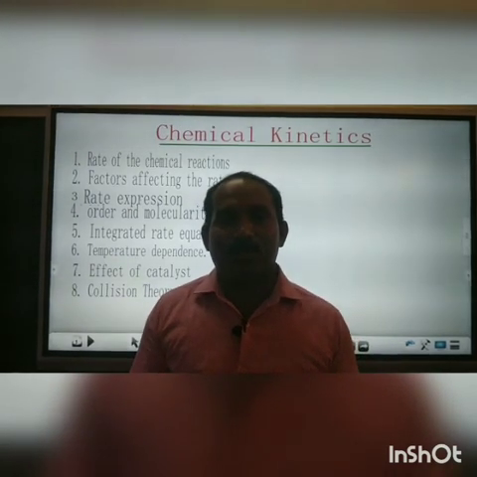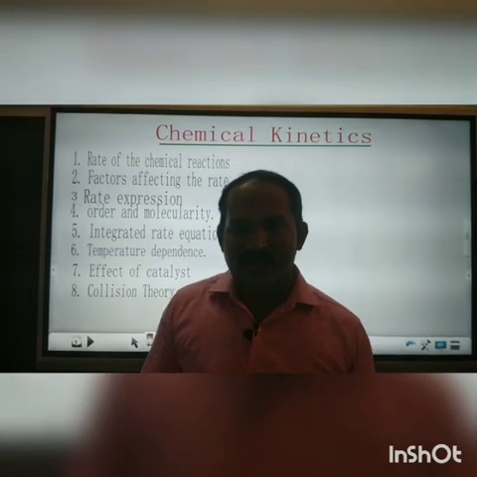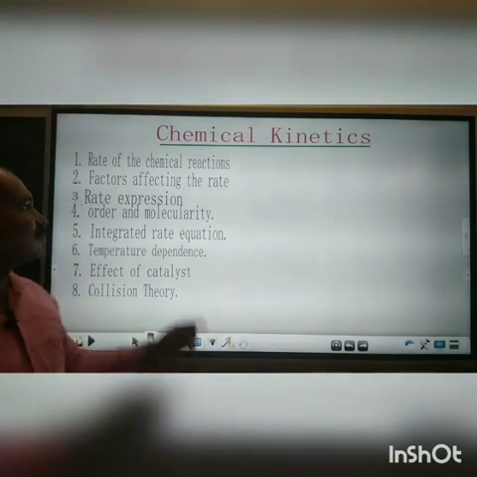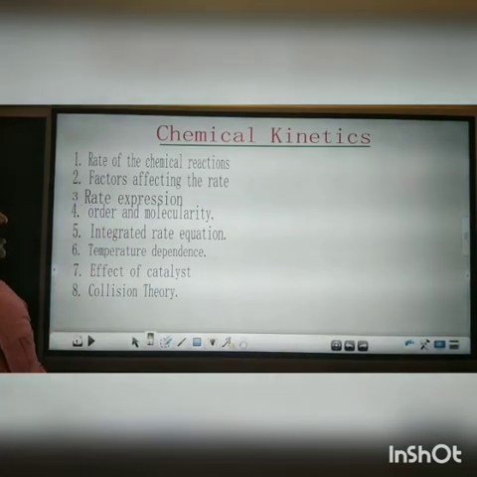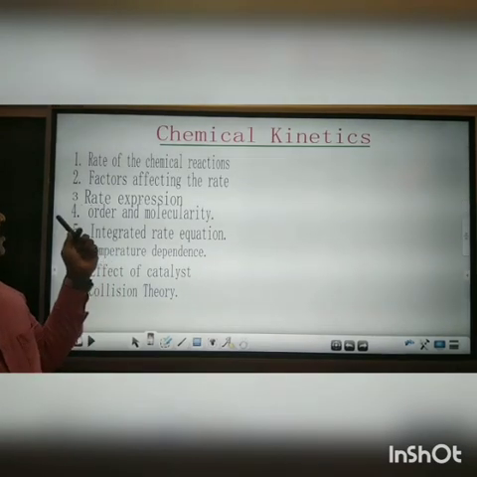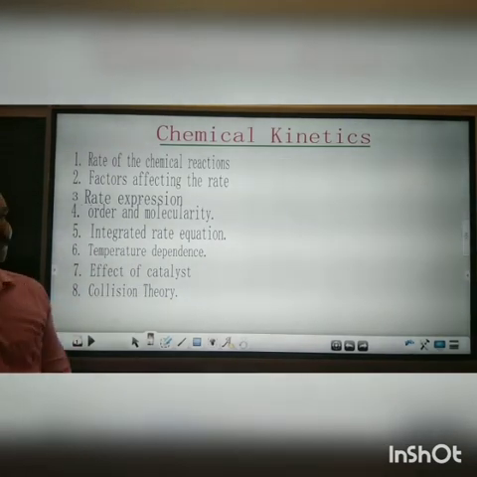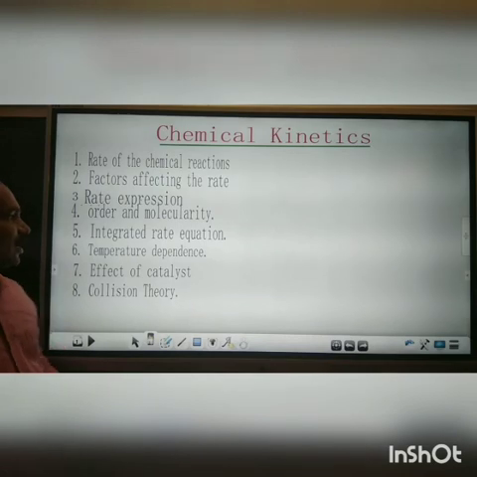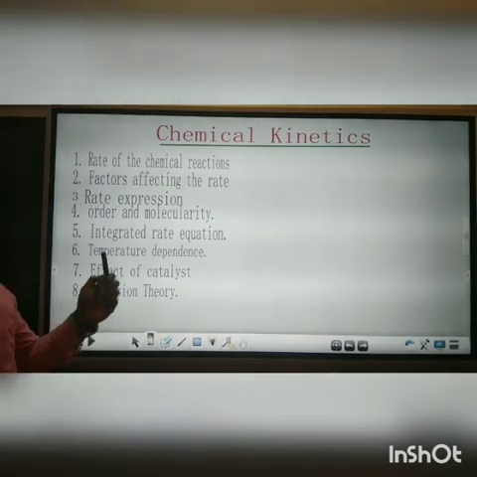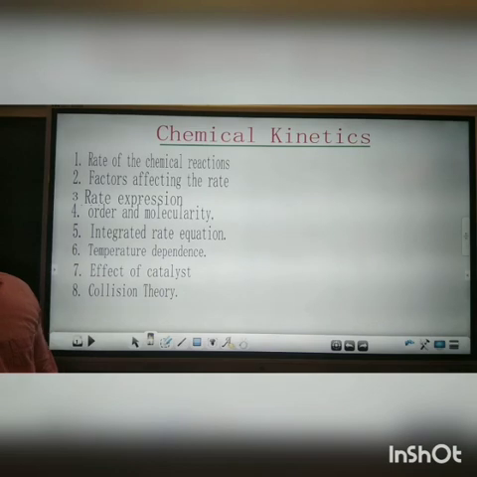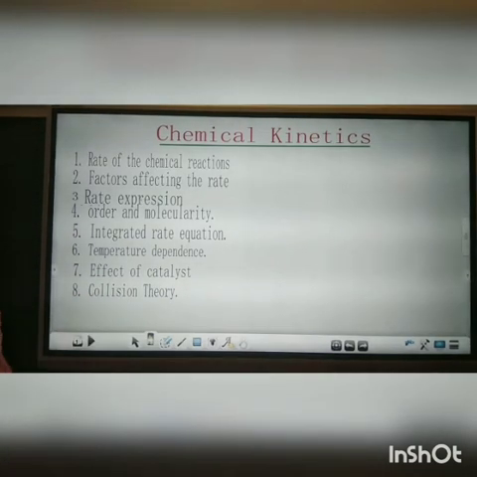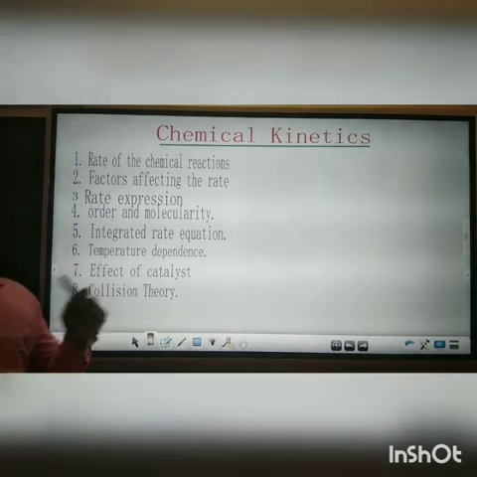Before entering into the chapter, we have to discuss many points. The points are: one, rate of the chemical reaction; second, factors affecting the rate of the chemical reaction; third, rate expression; fourth, order and molecularity; fifth, integrated rate equation; sixth, temperature dependence of the rate of a reaction; seventh, effect of catalysts; and the last, collision theory.